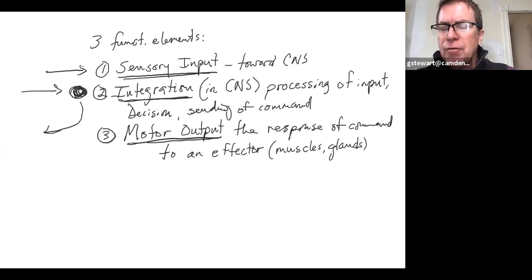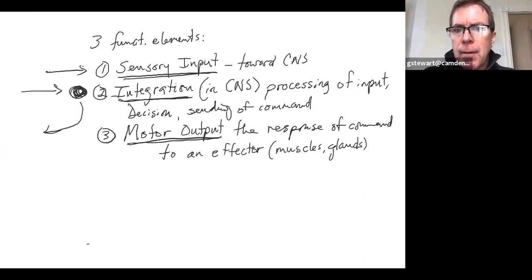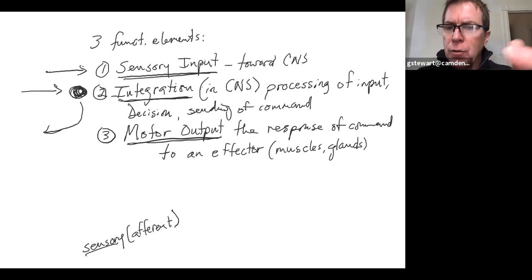So I'm going to draw a quick flow diagram, and I'm going to write sensory, afferent. The word afferent is just a directional word. It means toward the central nervous system.